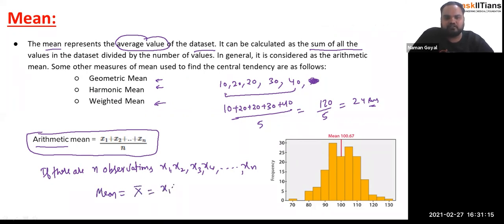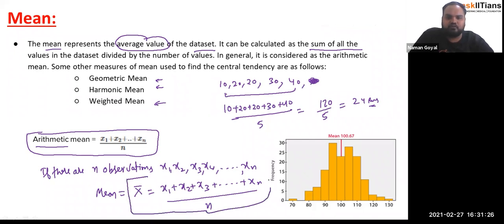It will be x1 plus x2 plus x3 and so on, we have to add them, upon the total number of observations, n. So this is the formula we use for mean calculation. Are you getting my point?